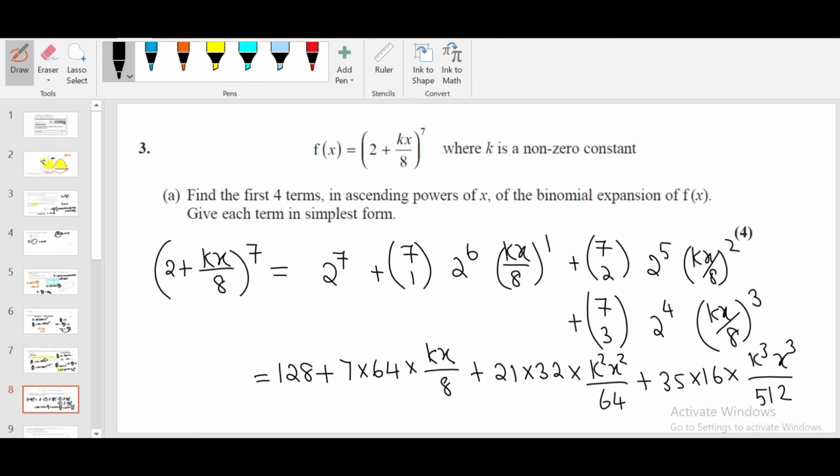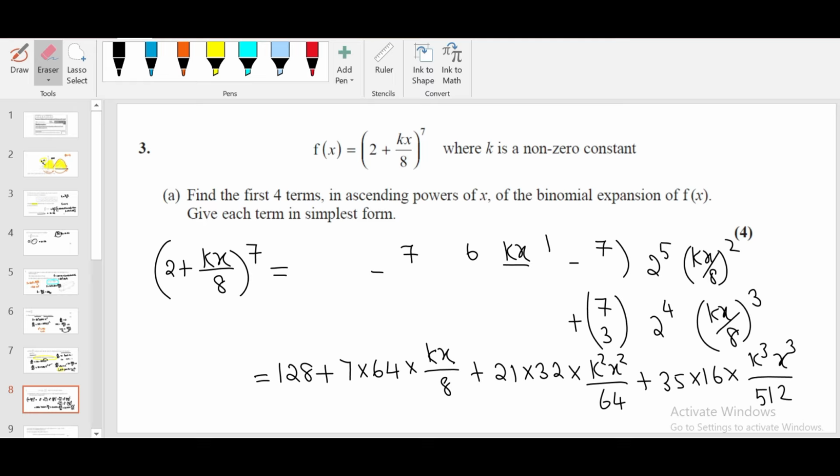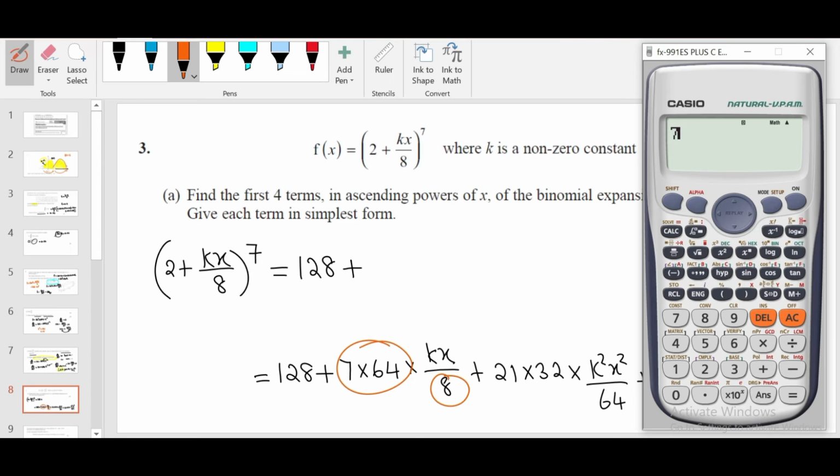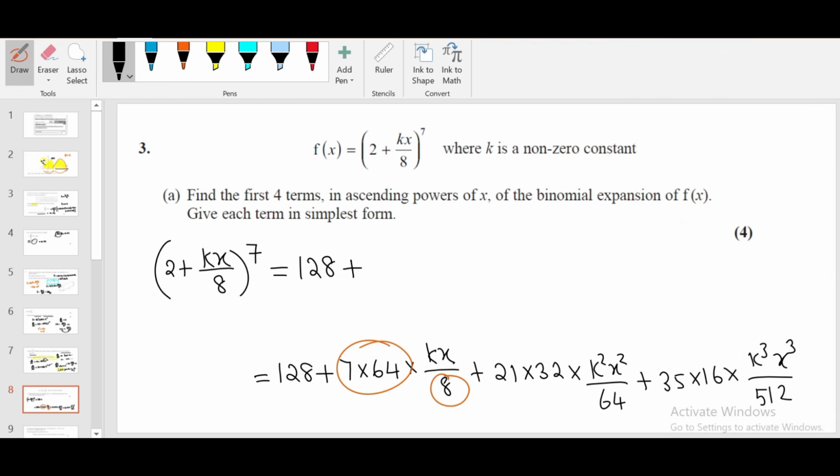Now we have to carefully simplify it. So when you simplify it, the first term is 128 plus, you put it in your calculator, 7 times 64 divided by 8 is 56. So it's 56kx plus, if you cancel this, you will get 21 over 2 k square x square.